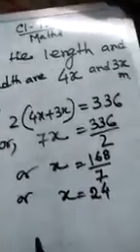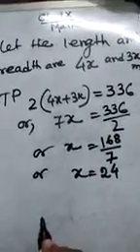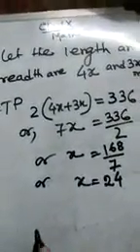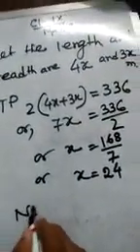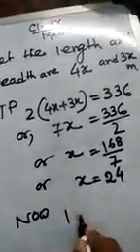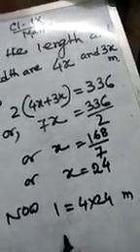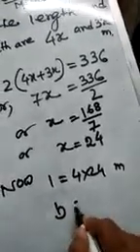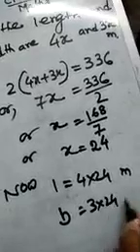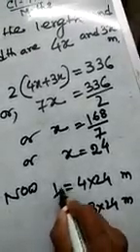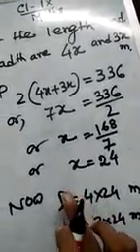Now we first find the length and the breadth of the rectangular field. Length is equal to 4 into 24 meter and breadth is equal to 3 into 24 meter.